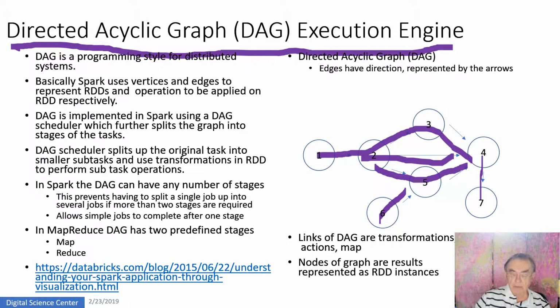You can have lots of stages in a DAG, and the stages basically tell you connected things which can be executed together without changing the processes being used.